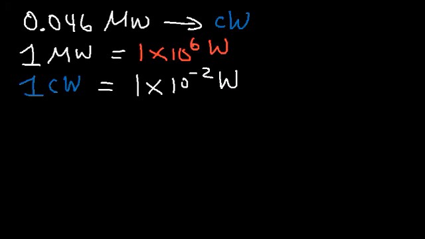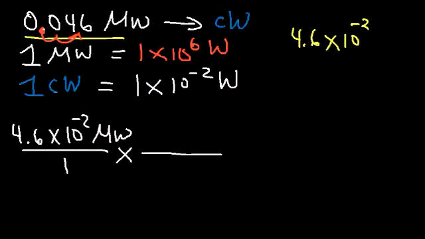Let's start with the number that we have. 0.046 is the same as 4.6 times 10 to the minus 2. That's what this number is. If you take the decimal and move it 2 spaces to the right, the exponent is going to decrease by 2, so that's how we get negative 2. So I'm going to leave it as 4.6 times 10 to the minus 2 megawatts. Now, because the megawatts is on top, we need to put that unit on the bottom.